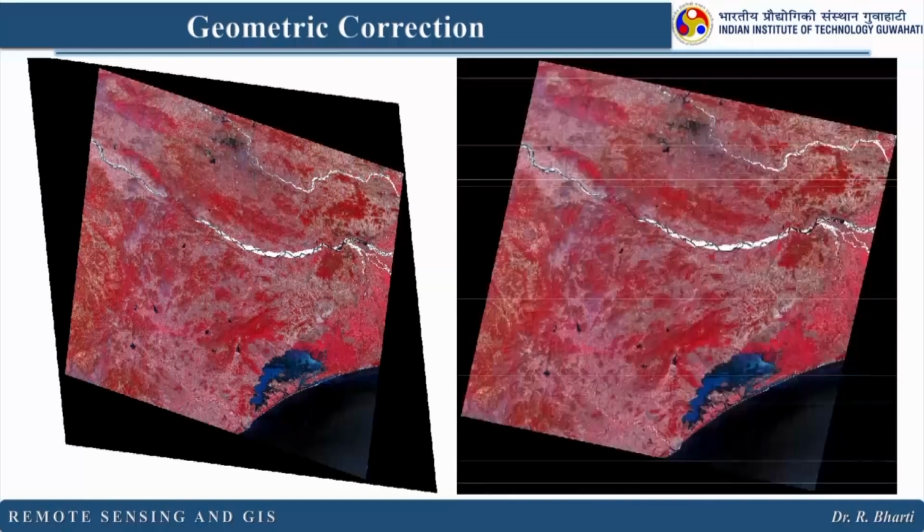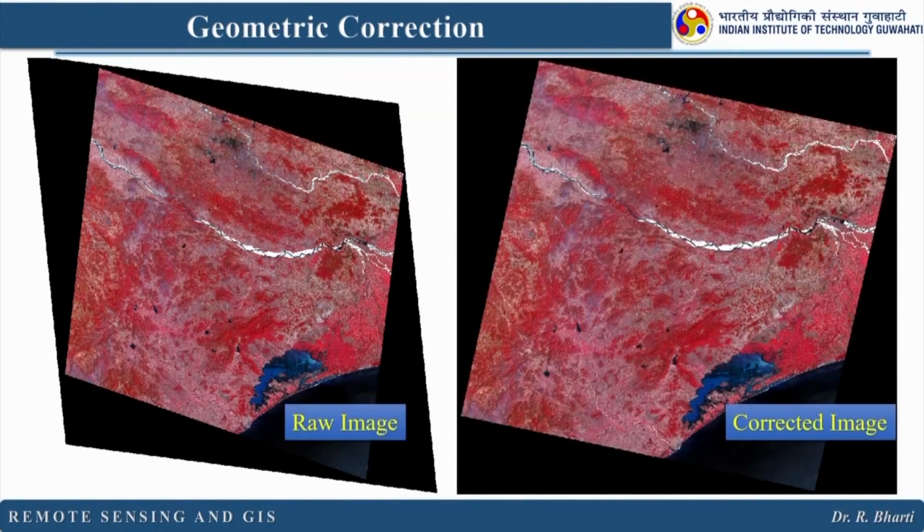This is one image captured by a satellite X, right, and you can see the initial orientation of this image, how it is appearing, but when you do the geometric correction, all the pixels are in their own position. That's all for today. Thank you.